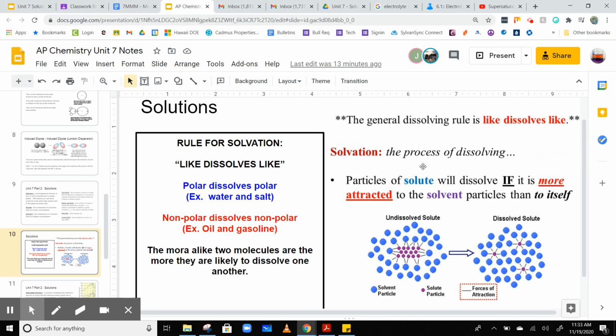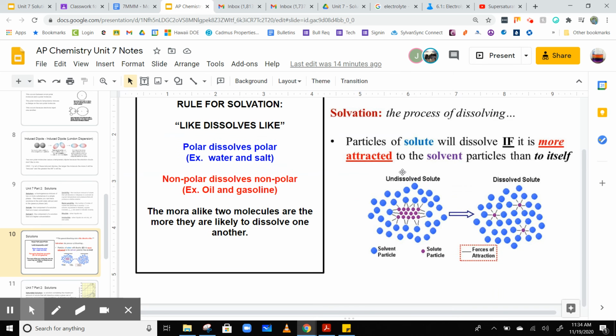Again here it says the solvation process of dissolving: particles of solute will dissolve if they are more attracted to the solvent than to itself. So I would say that they have to be equally attracted to one another. Yes, if the solute particles are more attracted to the solvent, then they will dissolve for sure.